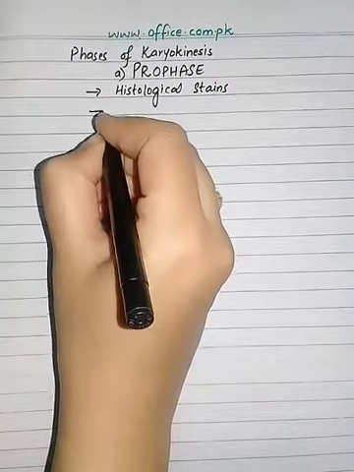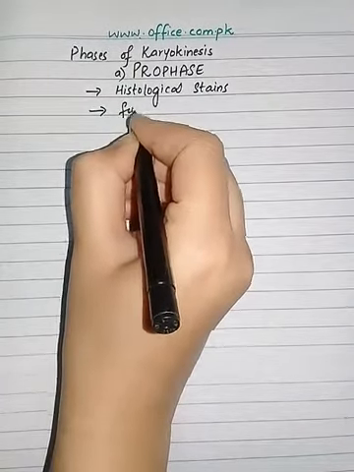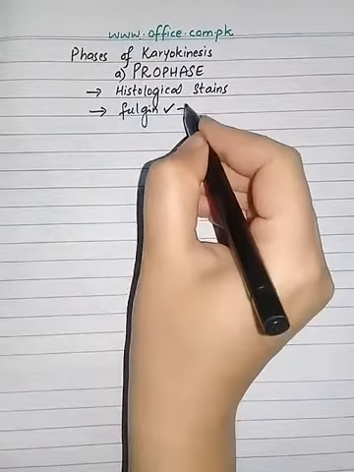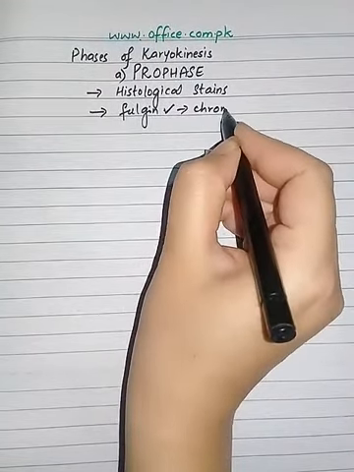The stain which is used to observe chromosomes is Feulgen stain. For the nucleus we use hematoxylin stain, and for the cytoplasm we use eosin stain. So this network of chromosomes which is observed using this stain is known as chromatin material.